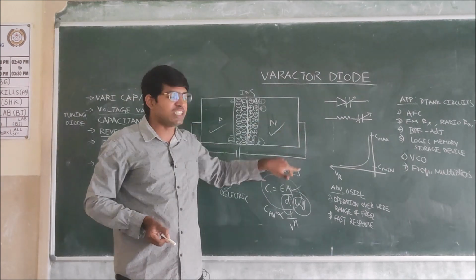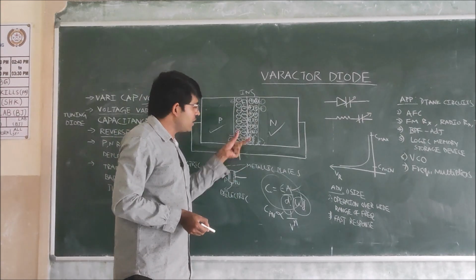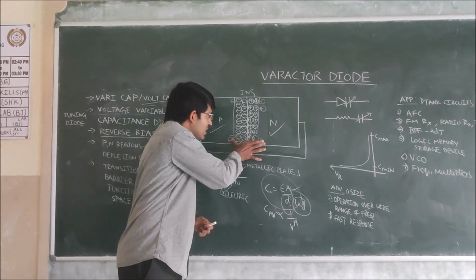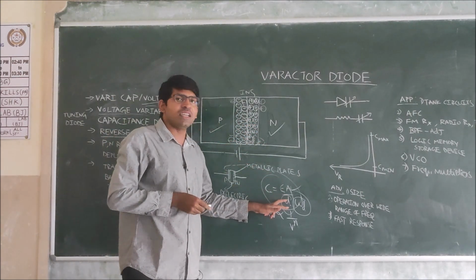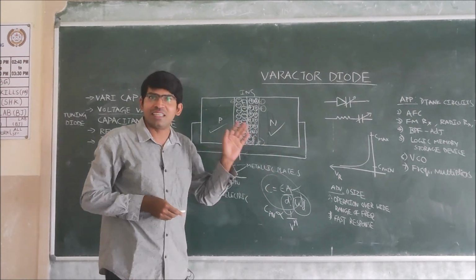How can we change it? By changing the reverse bias voltage. With the increment of the reverse bias voltage, the depletion region width is increasing. When the depletion region width is increasing, the capacitance is decreasing.